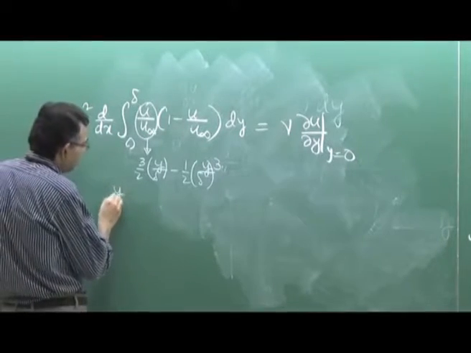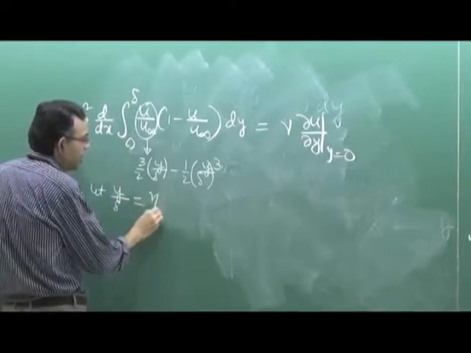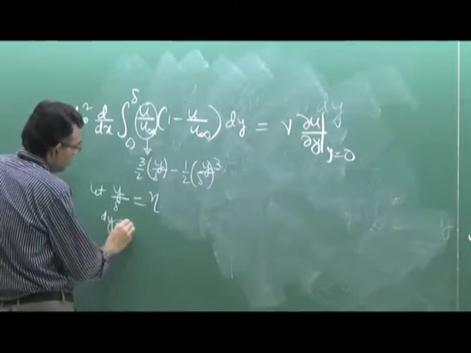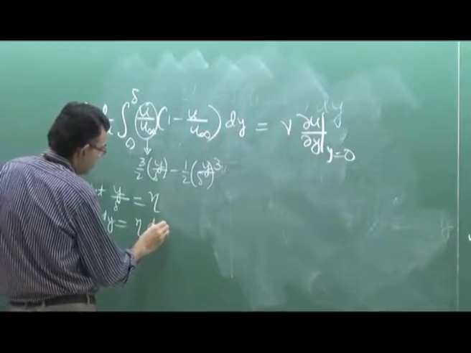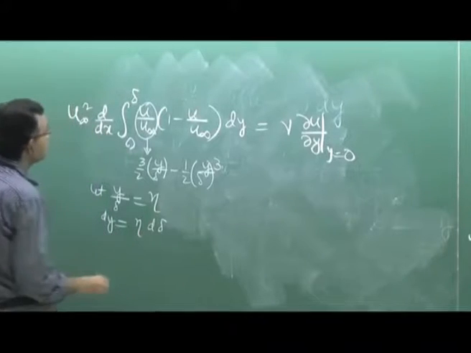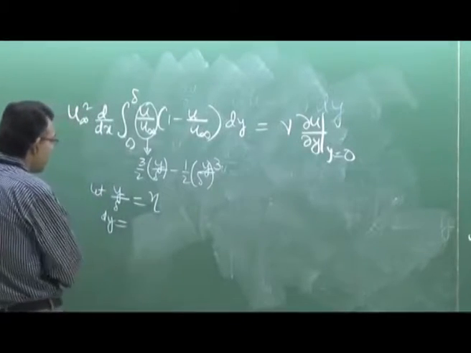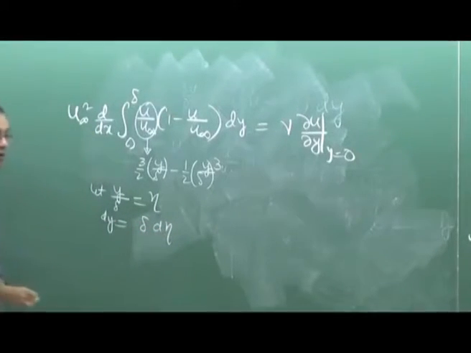So y by delta, let us call y by delta equal to eta. So dy with respect to y is delta d eta, right.